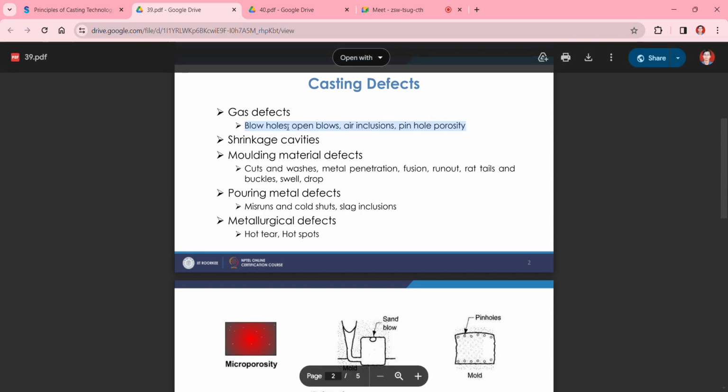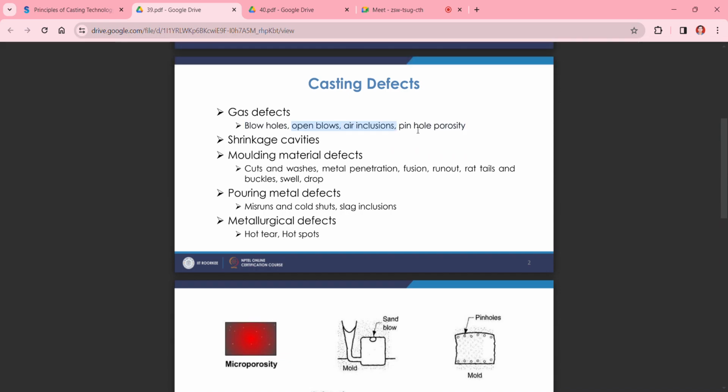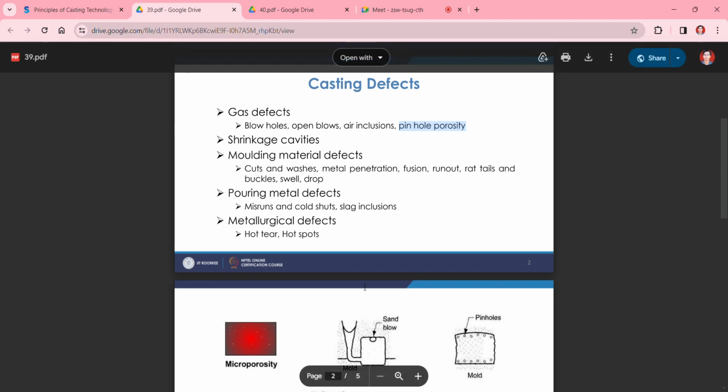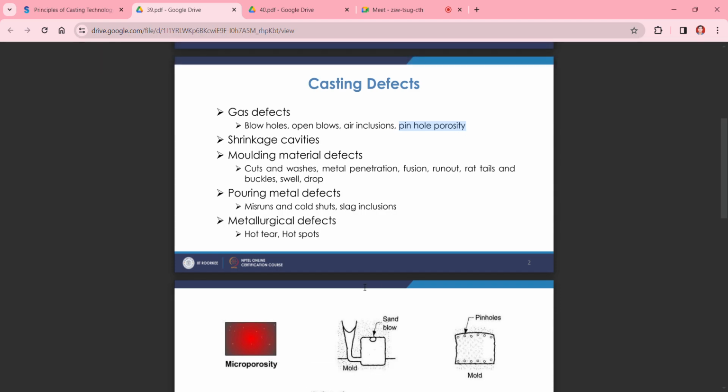Then coming to the next one, these gas defects are generally blowholes or open blows, air inclusion, which can come due to entrapment of air inside the casting. Then pinhole porosity is there. Pinhole porosity will be on the surface of the castings. It is created due to the expulsion of gases during the casting process.